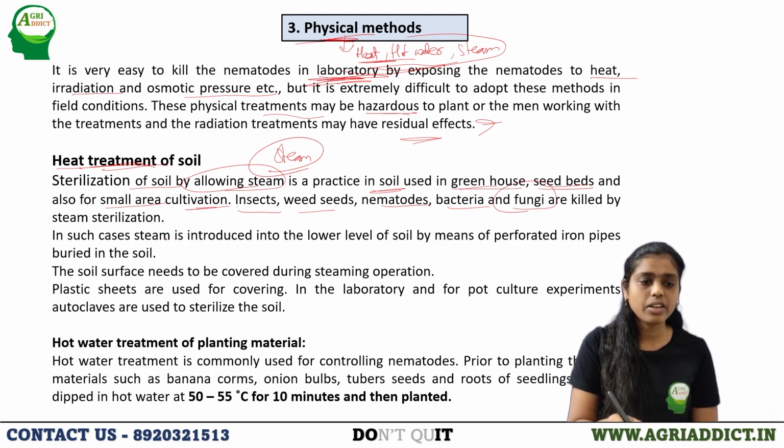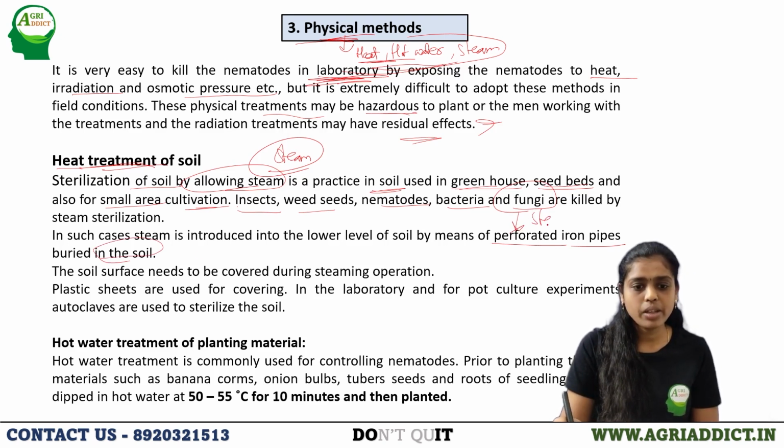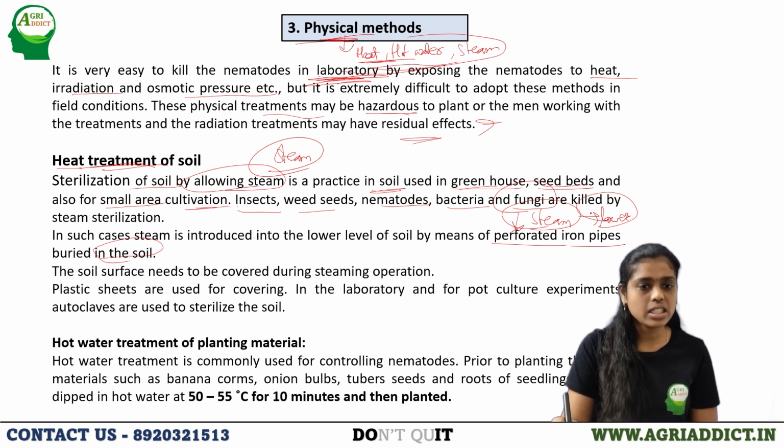In some cases, if you go very deep, perforated iron pipes can be buried in the soil. From the perforated pipes, steam will be released into the lower level of soil. If there are any organisms residing in the depth of soil, they can be killed.